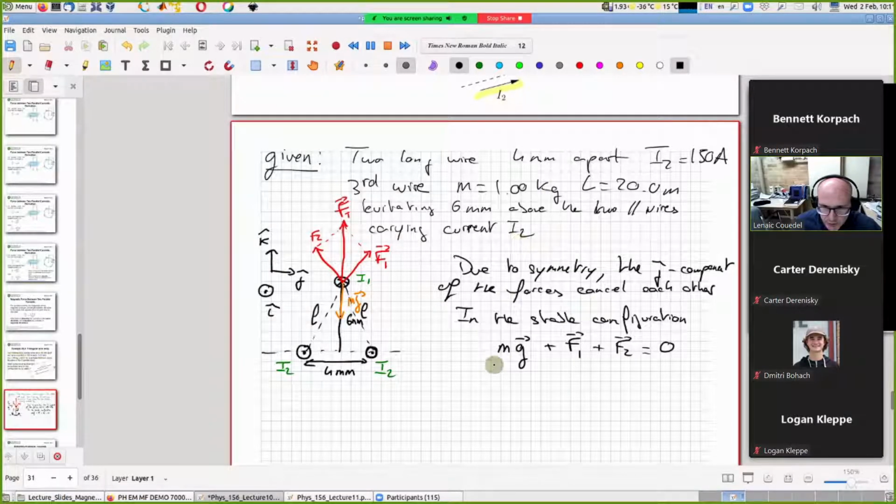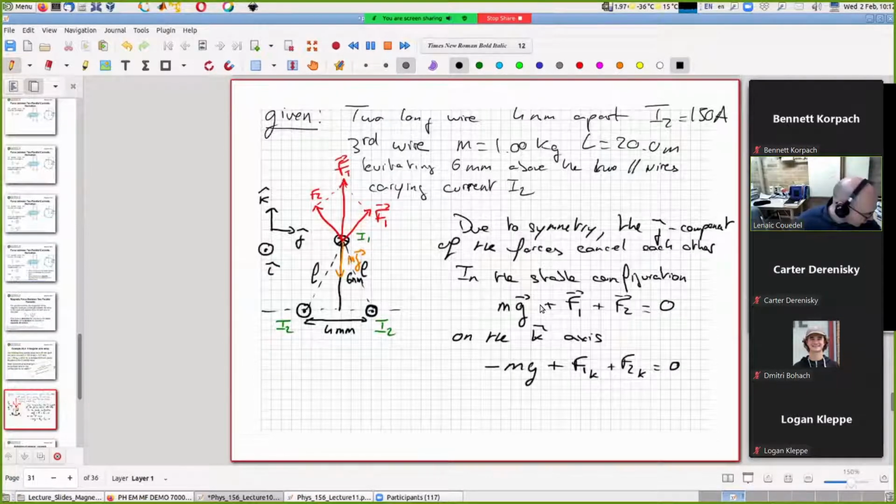So we can just write on the k axis, we have minus mg plus F1 along k plus F2 along k equals 0, because that's the only axis that matters. Any question until now? Clear for everyone? All right, so let's pursue.